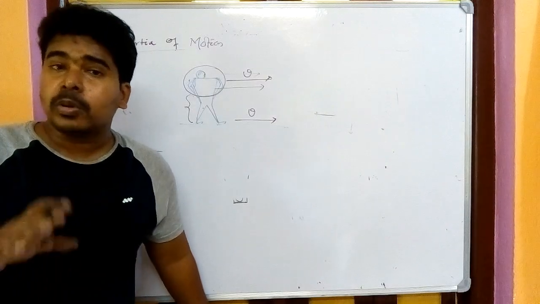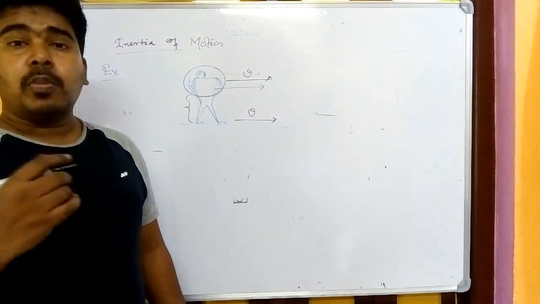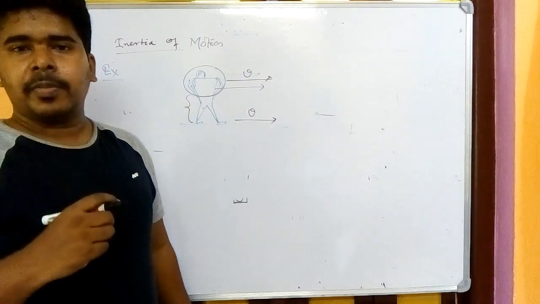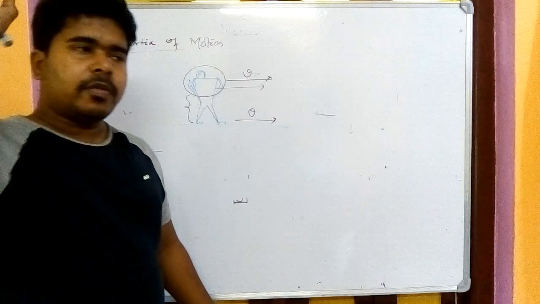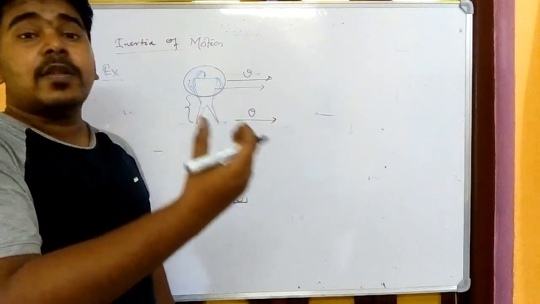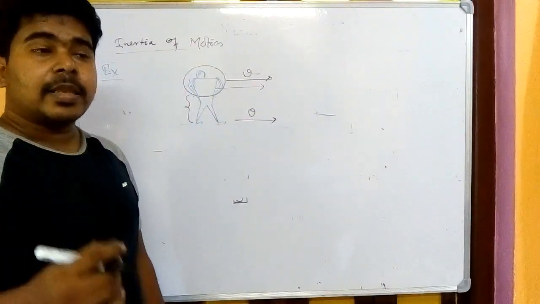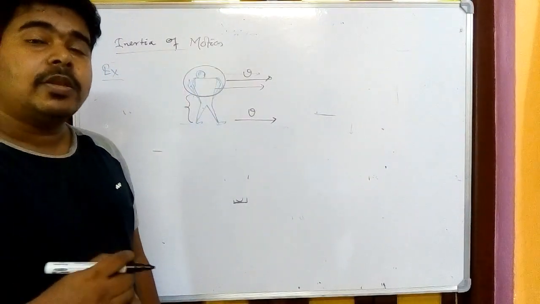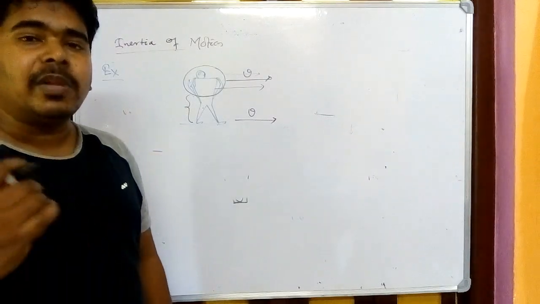But if you throw the ball by standing only, then your ball is in a state of rest, so the ball has inertia of rest. So whenever you throw the ball, you have to change the inertia from rest to motion. In that case, some of your energy is lost, and that's why the speed of the ball will be less.